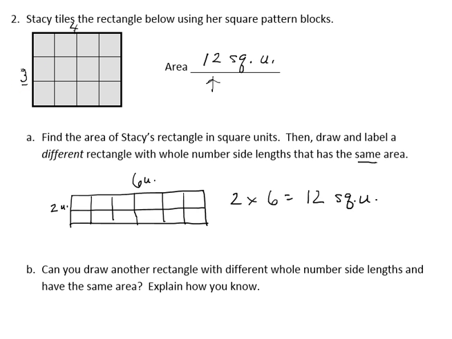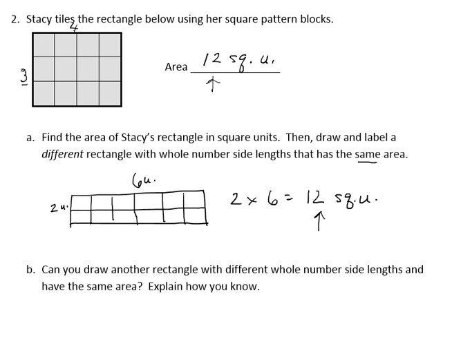So I have the same area as the first rectangle, but it's a different rectangle since it's a 2 by 6. Question B says, can you draw yet another rectangle with different whole number side lengths and still have the same area? I know that I need, again, to come up with a rectangle that has an area of 12 square units.